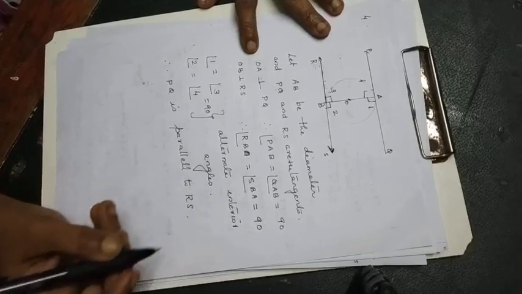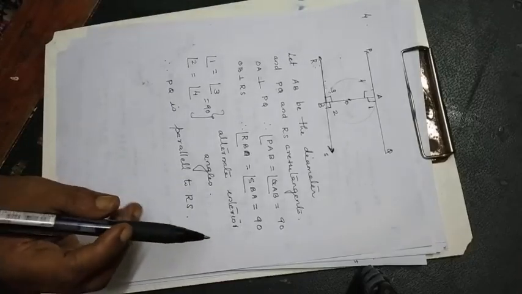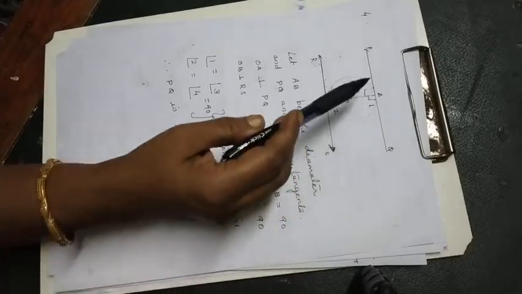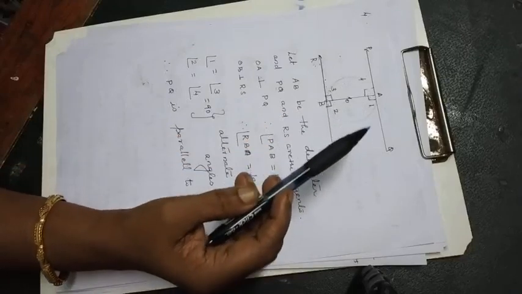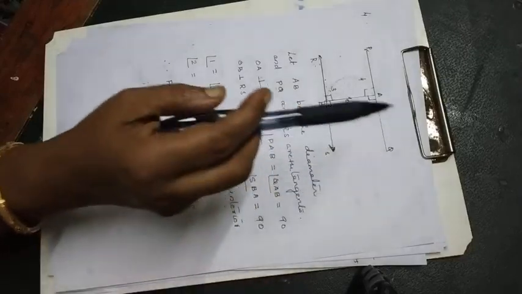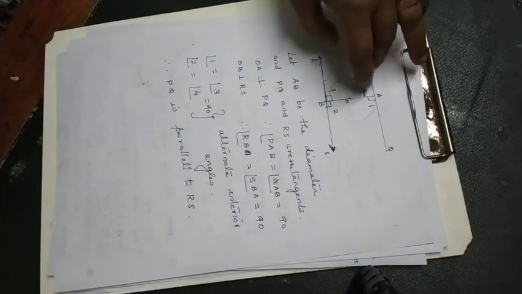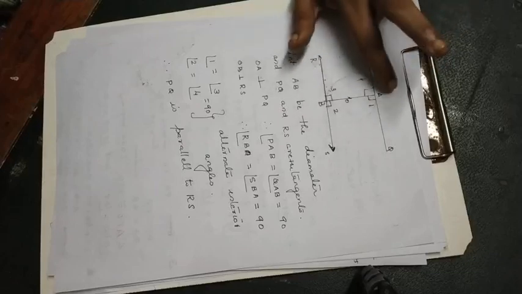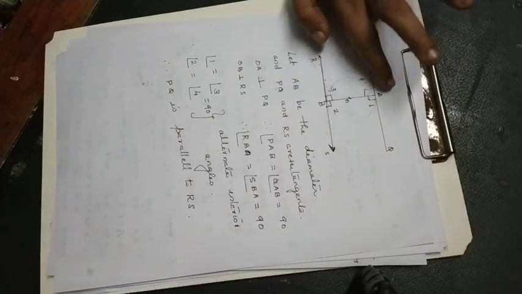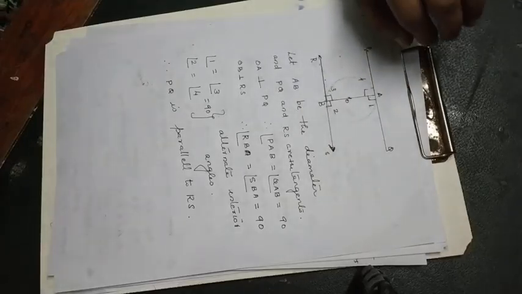So how have we done that one? First we took that AB is the diameter and PQ and RS are the tangents. Now OA is perpendicular to PQ and OB is perpendicular to RS. So those two angles, PAB and QAB, both are 90 degree, and RBA and SBA both are equal to 90 degree.